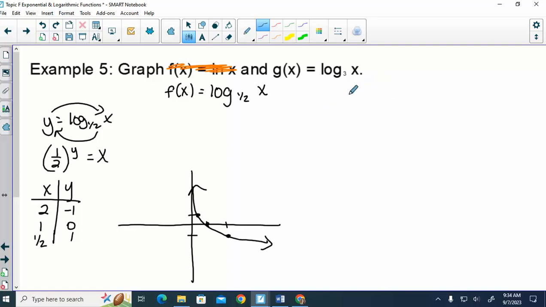So second one, g of x is the same as y, so y equals log base 3 of x. It's 3 to the y power equals x.